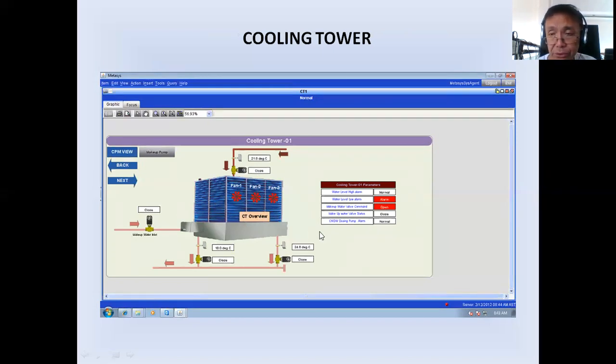So there should always be cleaning and chemical dosing of the condenser water to make sure that the water is clean and suitable for the chilled water operation. Now let me go to the next slide.